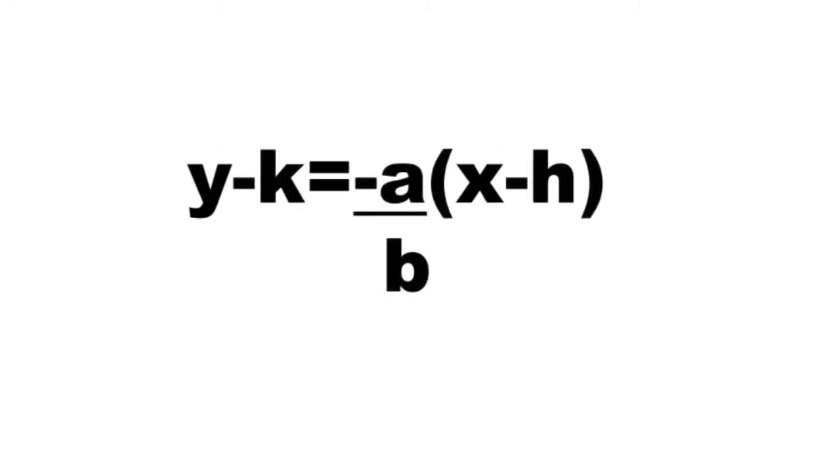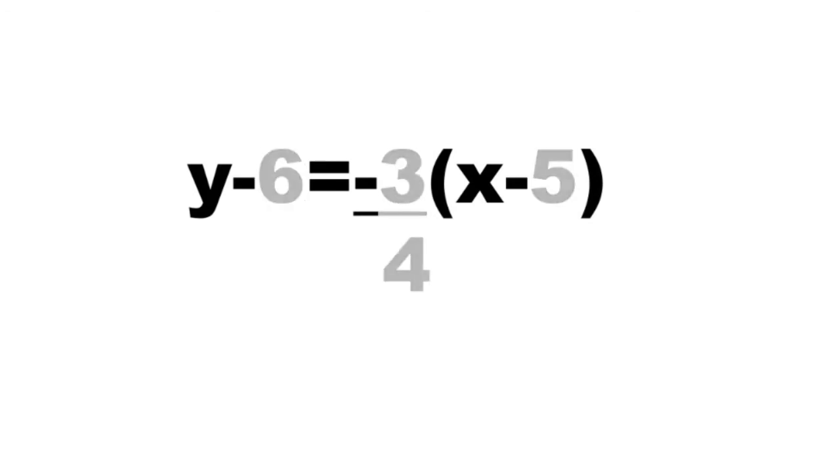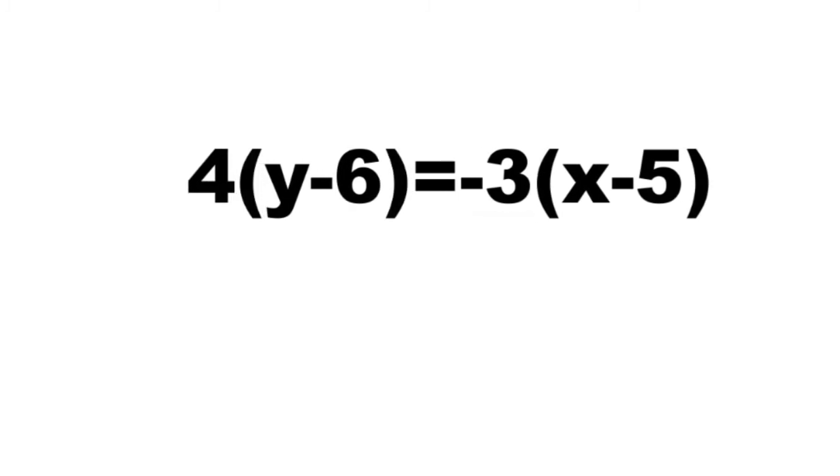For the second asymptote, we have y minus k equals negative a over b times quantity x minus h. Substituting the derived values, we have y minus 6 equals negative 3 over 4 times quantity x minus 5. Transpose 4 to the left as a multiplier, so 4 times quantity y minus 6 equals negative 3 times quantity x minus 5.